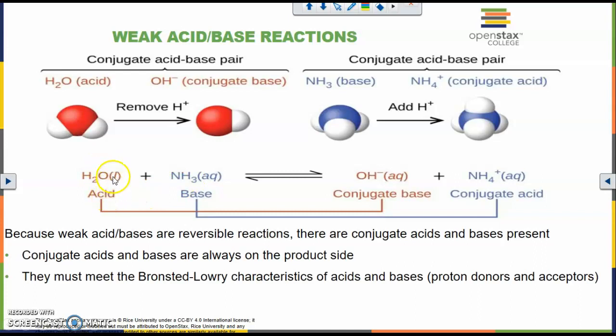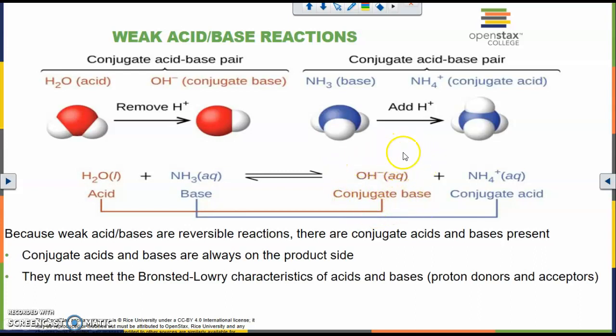Now here's the deal. Since this is a reversible reaction, what happens is now you have acids and bases and their conjugates. So if it's reversible, that means that as the species go towards the product side, some of the species are going to go back towards the reactant side. The reason why this is called a conjugate base is because if I'm going to go back to the reactant side, who is going to be accepting a hydrogen?